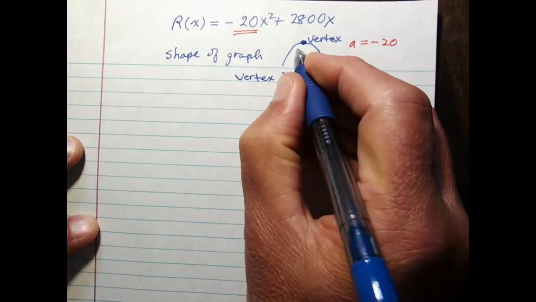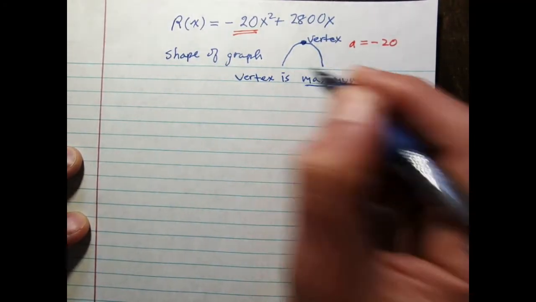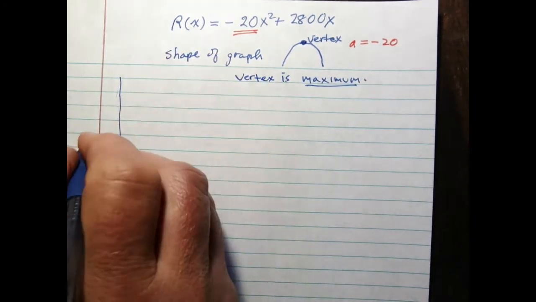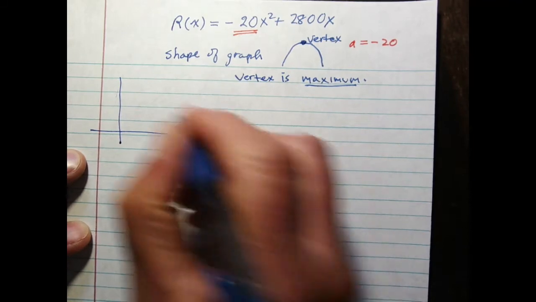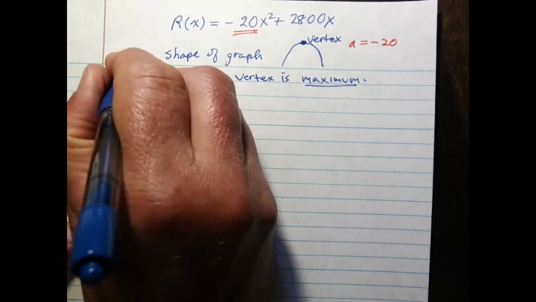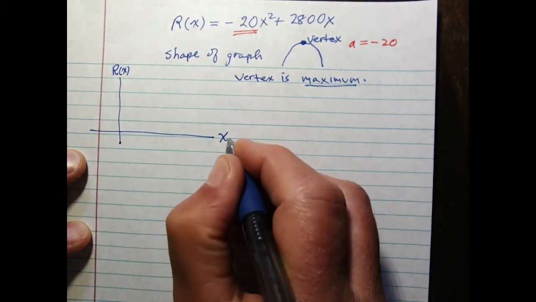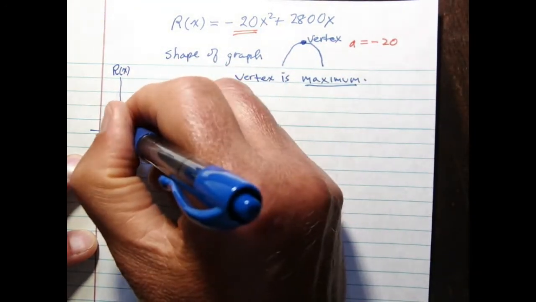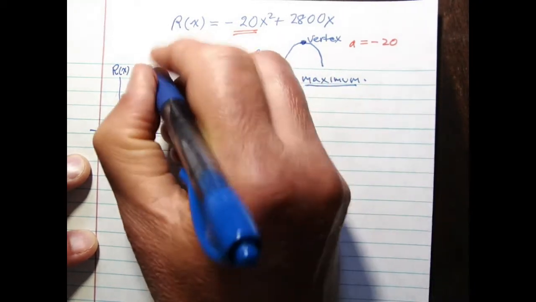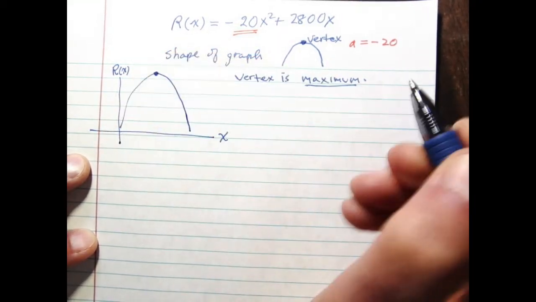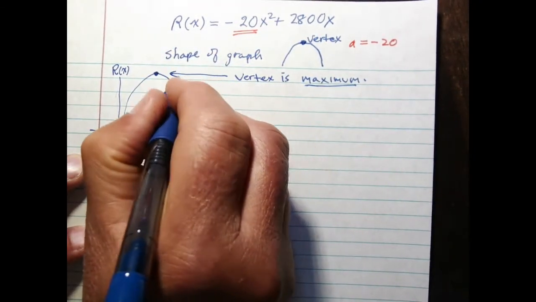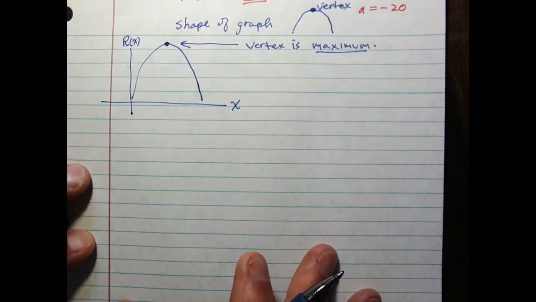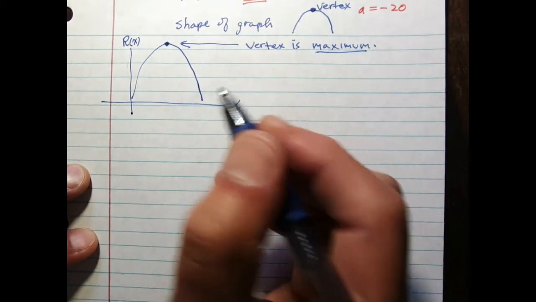And that's where the most revenue is going to occur. You could even imagine a graph where r of x is the revenue and x is the price per ticket. We're going to have this overturned parabola, and we're trying to find the maximum revenue for this function. So let's find the coordinates of the vertex.